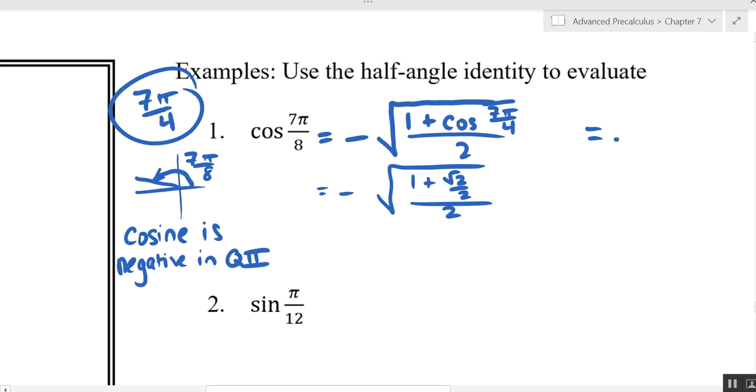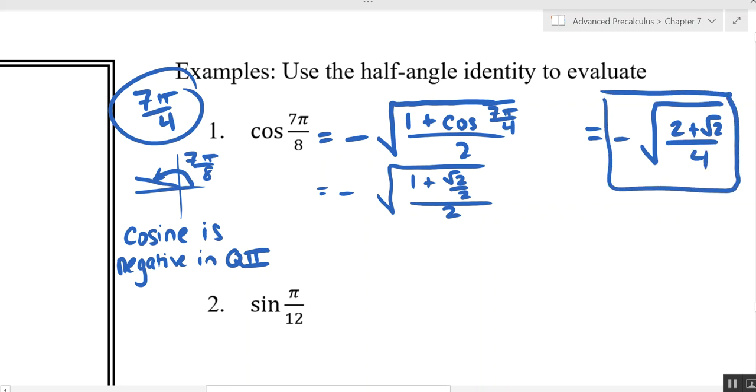You wind up getting square root of 2 plus root 2 all over 4. And again, we know it's negative because it is in quadrant 2. And knowing that 7 pi over 8 is not on our unit circle, by doubling it and finding that we can evaluate 7 pi over 4, we can now evaluate the cosine of that angle.